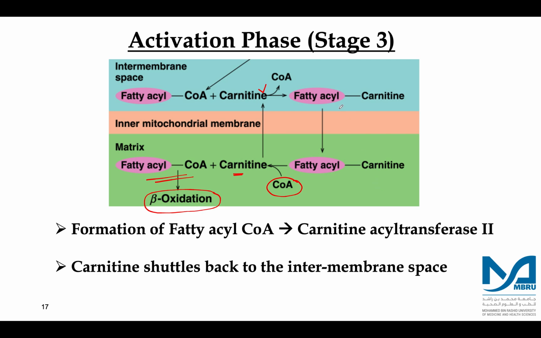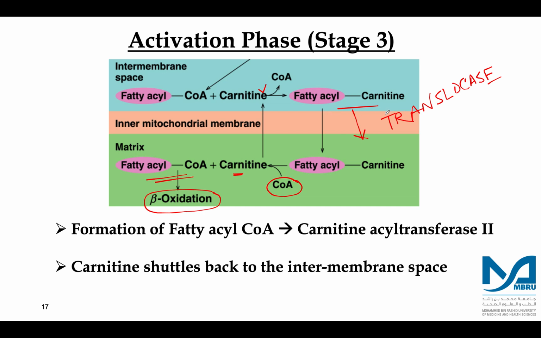So fatty acyl carnitine comes through the inner mitochondrial membrane helped by the enzyme translocase, which we looked at in the previous slide. Sorry about the numerous clicks, because otherwise I will not be able to write this.